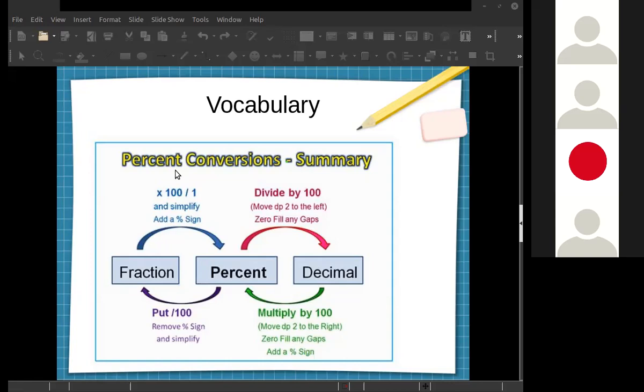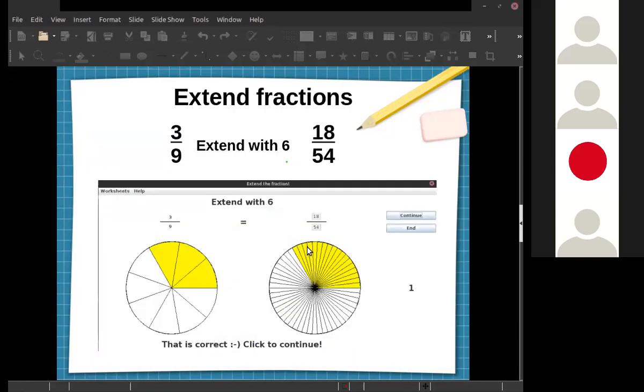Now, okay. So here we say extend fraction. We need to extend fractions when we add or subtract numbers. So if I have a subtraction or an addition, I need to have the same denominator. So I need a like fraction.